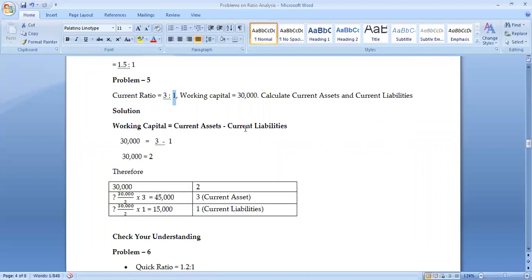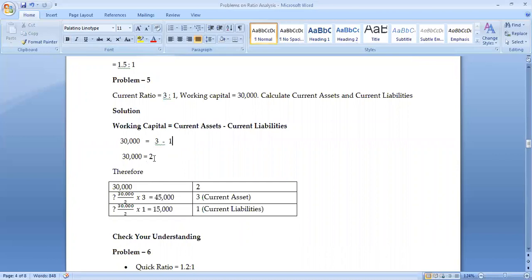So 3 minus 1. Clear? 3 goes for the assets and 1 indicates the liability. So 30,000 is equal to 2, which means the firm is spending only 1 rupee for making a profit of 3, which is the income for a company.